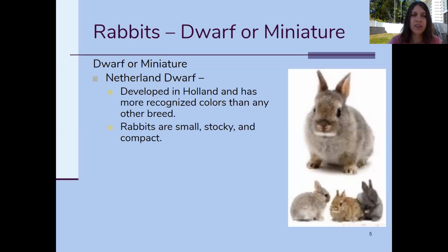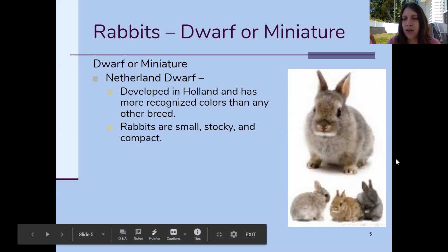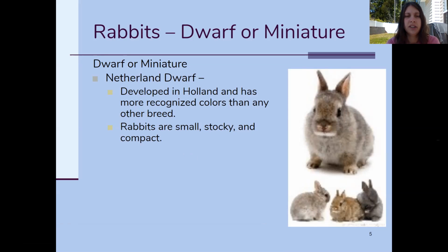Then we've got the Netherland Dwarf. Once again, dwarf. So you should be able to figure out where this rabbit breed belongs. The Netherland Dwarf originated in Holland, so over in Europe, and it does come in a few colors along the scale of browns. They're small, kind of stocky, compact.